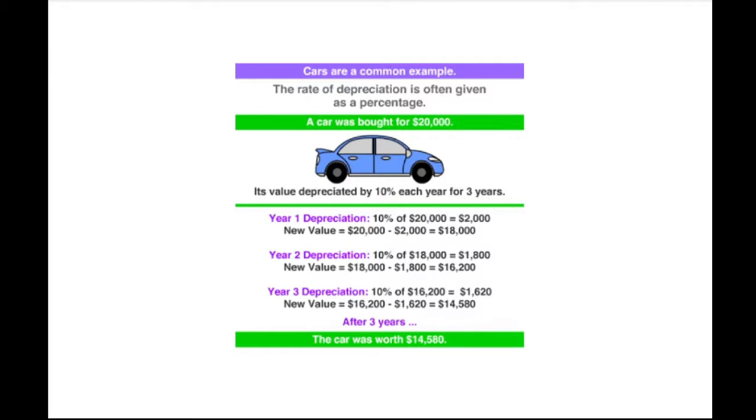You're losing 10% of its current value, which was what it was worth after 2 years. And then we find that after 3 years, the car is now worth $14,580, when originally it was worth $20,000. So you're losing more than a quarter, or basically almost $5,500 worth of value over 3 years.